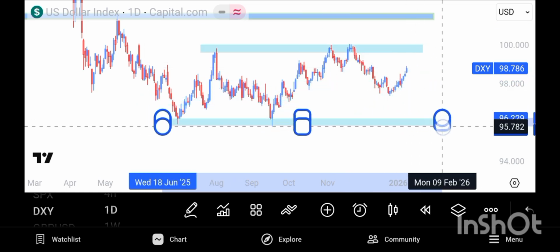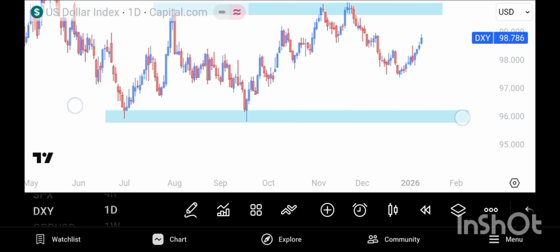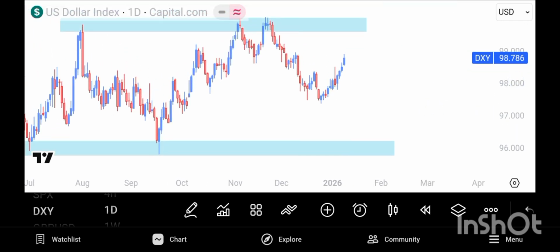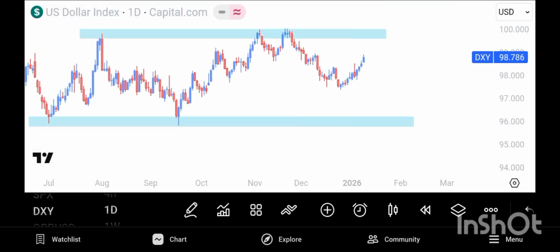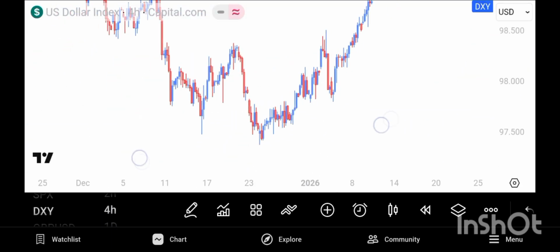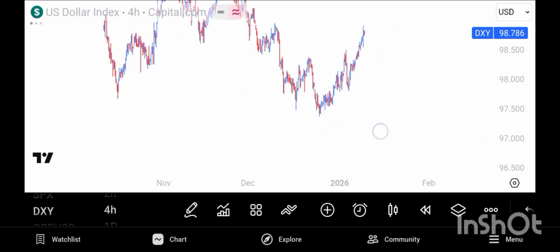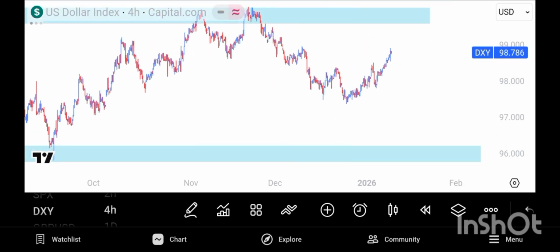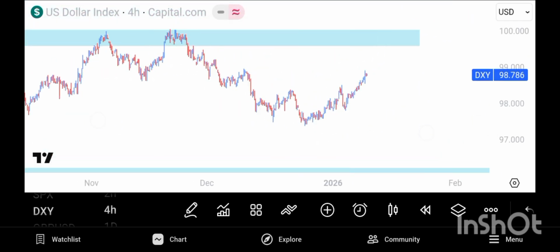For the DXY, we've been pushing to the downside, but we changed structure back to the upside, which if I move to the 4 hour time frame, you can see. We then changed our character.